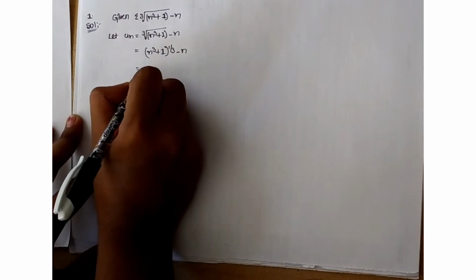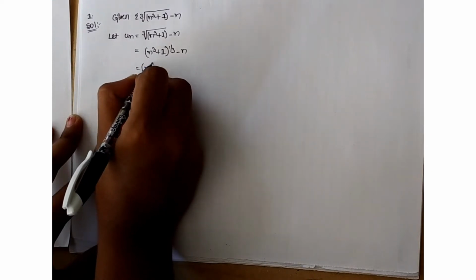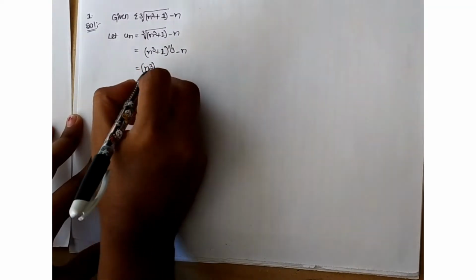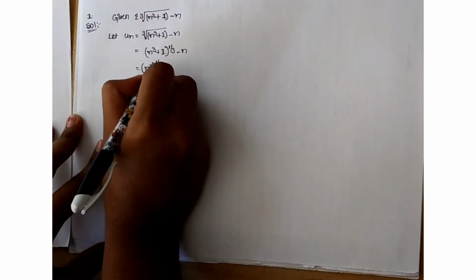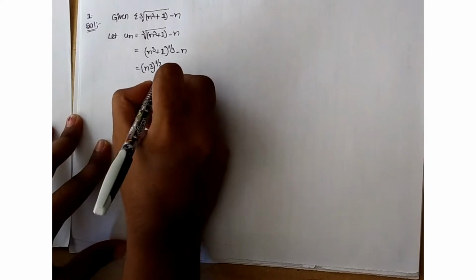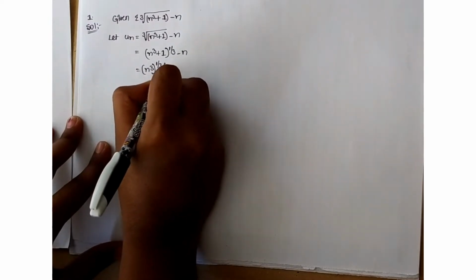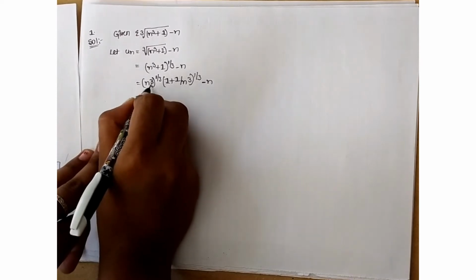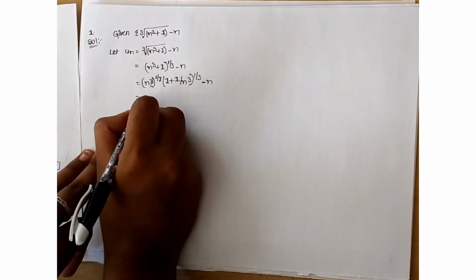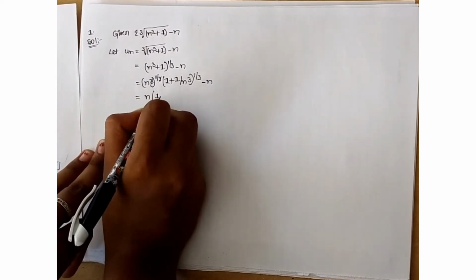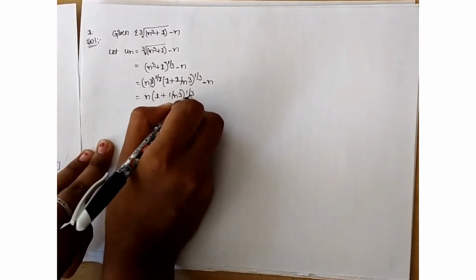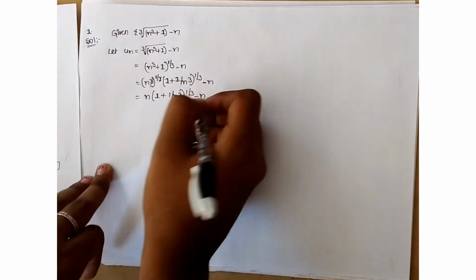Then we take n cube common, with n cube we have whole power 1 by 3. Here 3 and 3 cancel. So n into 1 plus 1 by n cube whole power 1 by 3 minus n.